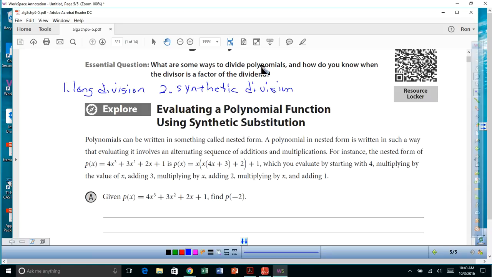Those are two ways to divide polynomials. How do you know when the divisor is a factor of the dividend? When the remainder r equals 0, you know that the divisor is a factor of the dividend.